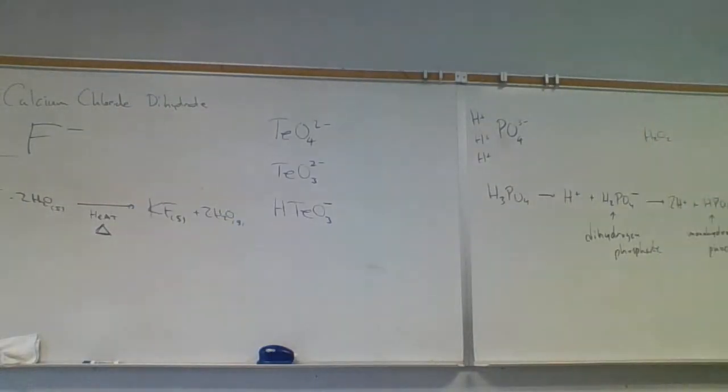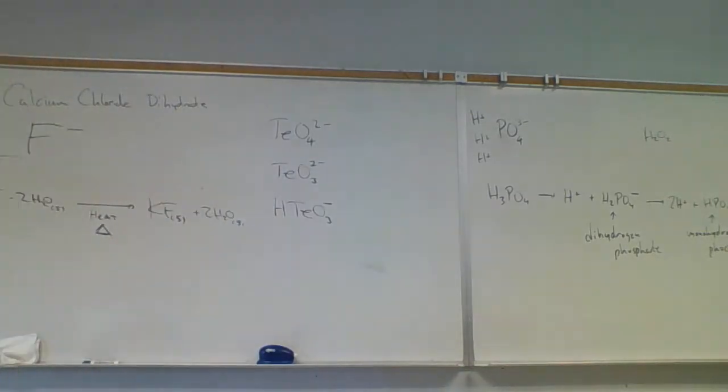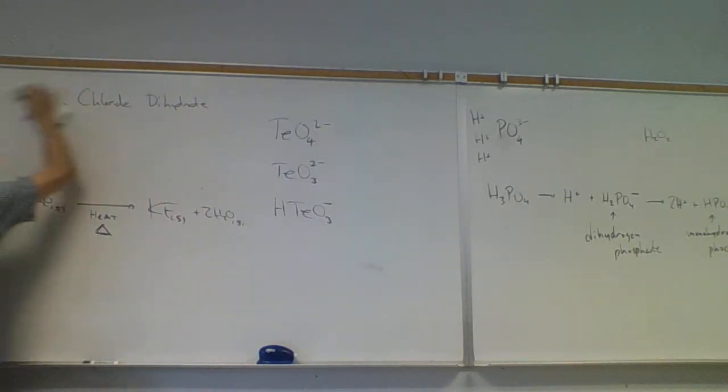The compound barium perchlorate forms a hydrate with 3 water molecules per formula unit. What is the name of the hydrate? What is its formula? Well, let's first write out the formula here.